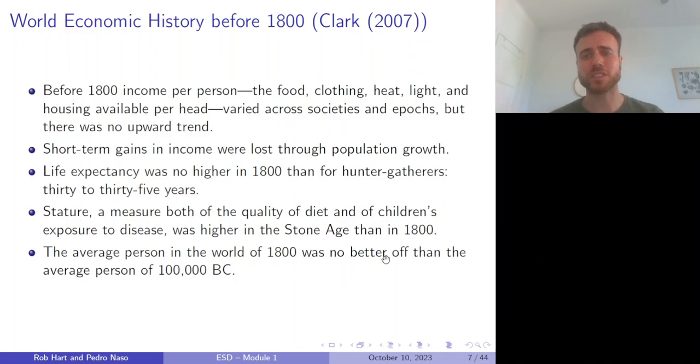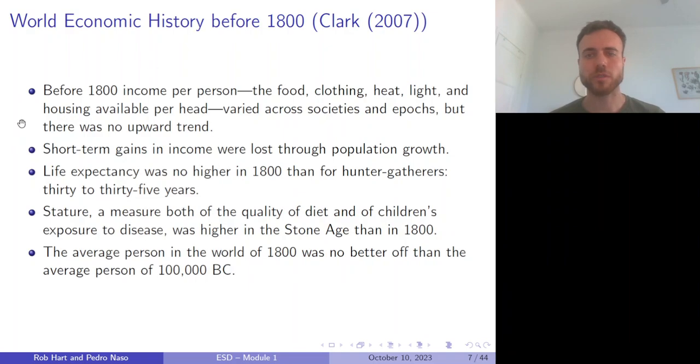In the 1800s, these safety nets just vanished, and people had fewer safety mechanisms to guarantee good health outcomes. That's why we observe a decrease in stature.